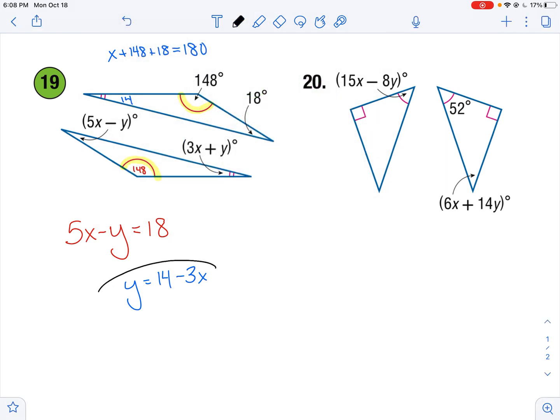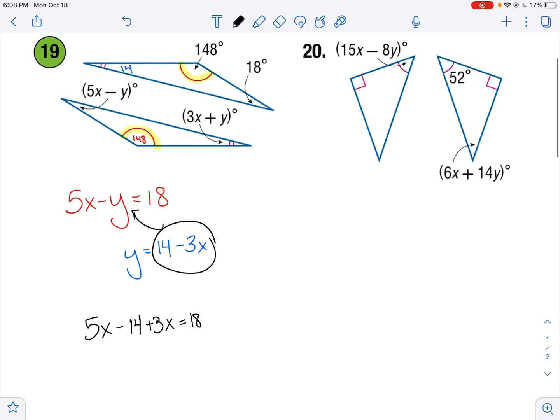And now what I can do is take this expression here and substitute that in for y. So 5x minus 14 plus 3x equals 18. Or if I simplify, 8x equals 32, or x equals 4.